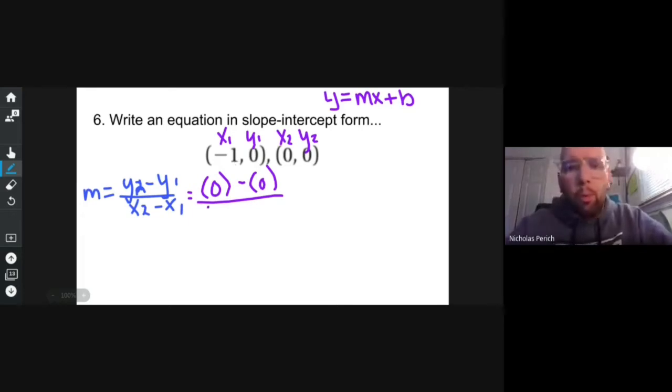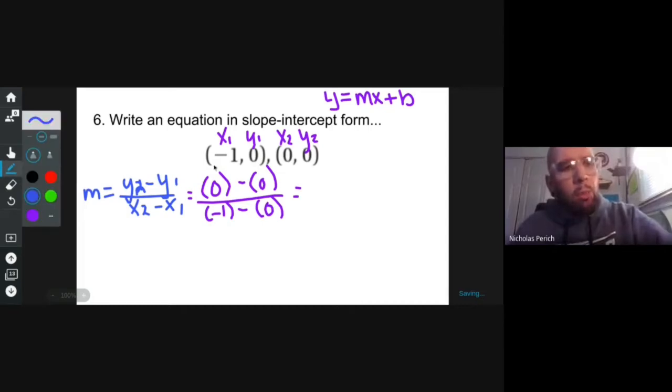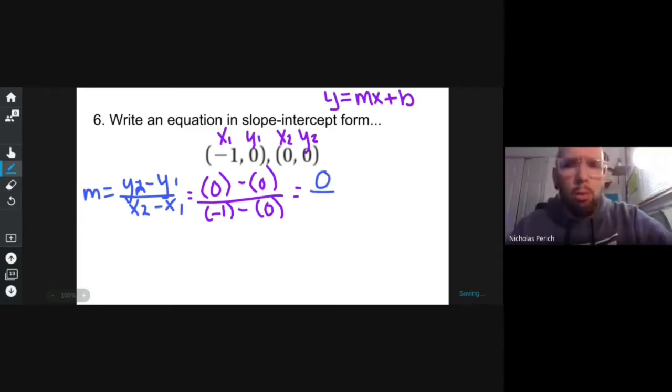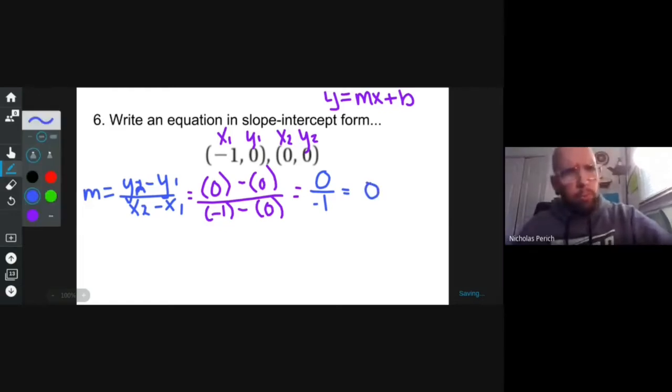Over x sub 2, which I called -1, minus x sub 1, which I called 0. In the numerator, I have 0 minus 0, which is 0. And in the denominator, I have -1 minus 0, which is -1. And 0 divided by -1 is 0.